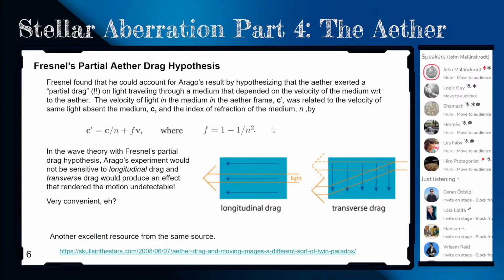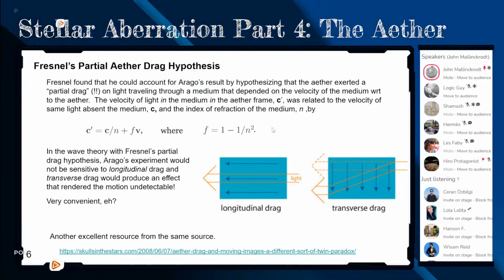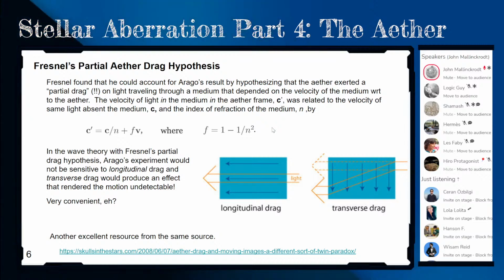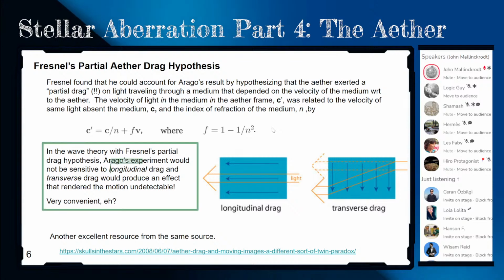And why would it be such a weird 1 minus 1 over n squared? Where does that come from? Fresnel didn't know. This is just what it would have to be if you wanted the wave theory to be consistent with Arago's result. That's really it. So very convenient, right?